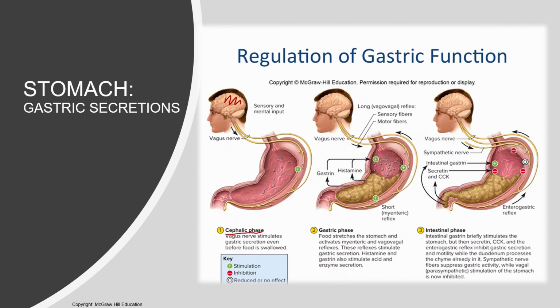And actually, this phase of secretion normally accounts for about 20% of the gastric secretion associated with eating a meal. But again, if a person doesn't like the food he sees, he won't have this phase, alright? So it's only the cortex that is working. That's why it's called cephalic.